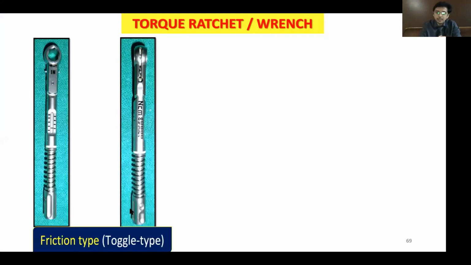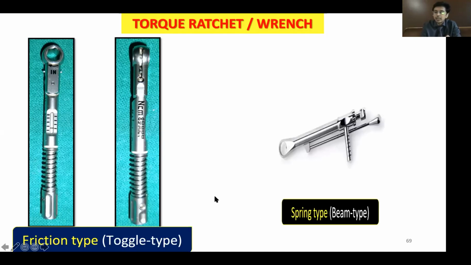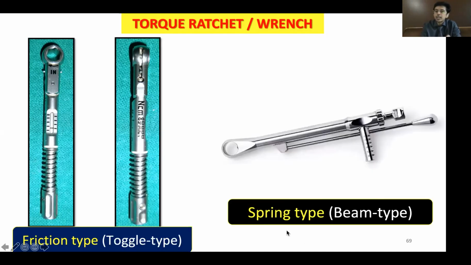My favorite is the friction or toggle type, and some companies give the beam type or spring type. That depends on personal choice. I am more comfortable with the friction type; you might be more comfortable with the spring type, but that doesn't mean one is better than the rest. It depends on operator convenience and choice.